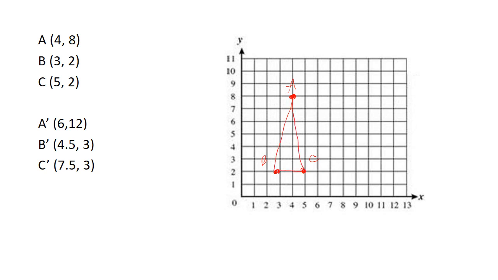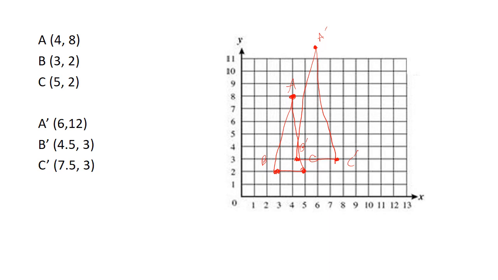Now my new one, I'm at (6, 12). I don't actually have a 12, so I'm just going to put that up right there. (4.5, 3), so here's my B. This is A. And then C is at (7.5, 3).